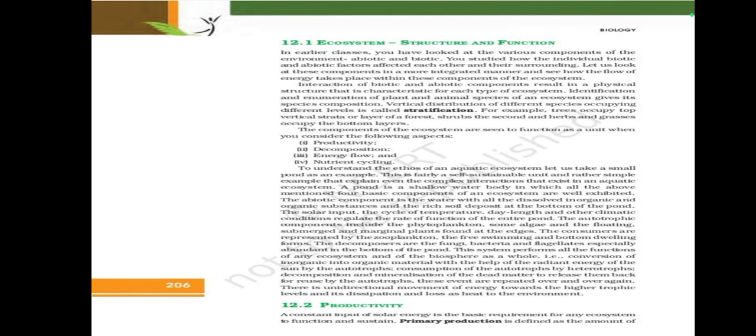This system performs all the functions of any ecosystem and of the biosphere as a whole, that is, conversion of inorganic into organic material with the help of the radiant energy of the sun by the autotrophs, consumption of the autotrophs by heterotrophs, decomposition and mineralization of the dead matter to release it back for reuse by the autotrophs.